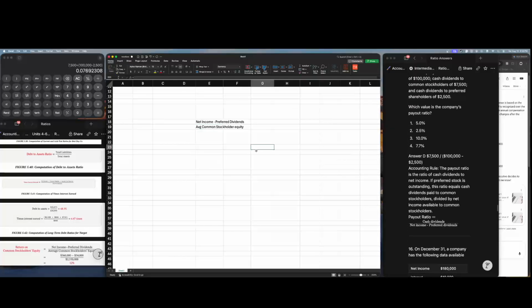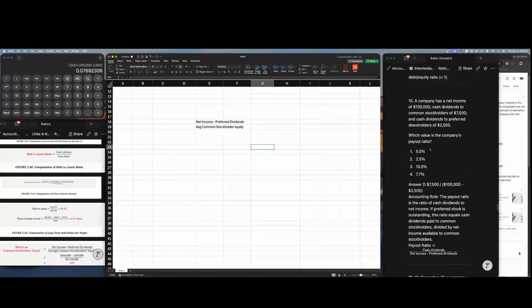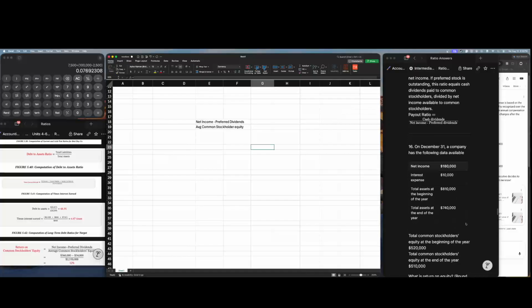So the payout ratio is the dividends divided by the net income minus the preferred dividends.